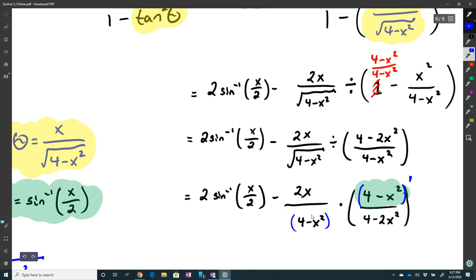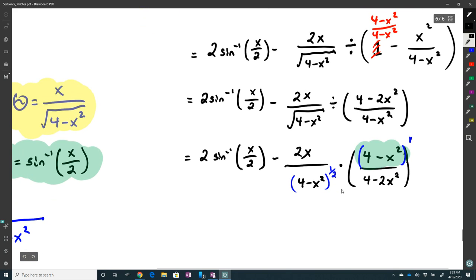The square root is the same as raised to the half. So I have something to the 1 over something to the 1/2. You subtract the exponents. 4 minus x squared to the 1, over 4 minus x squared to the 1/2. 1 minus a half is a half.